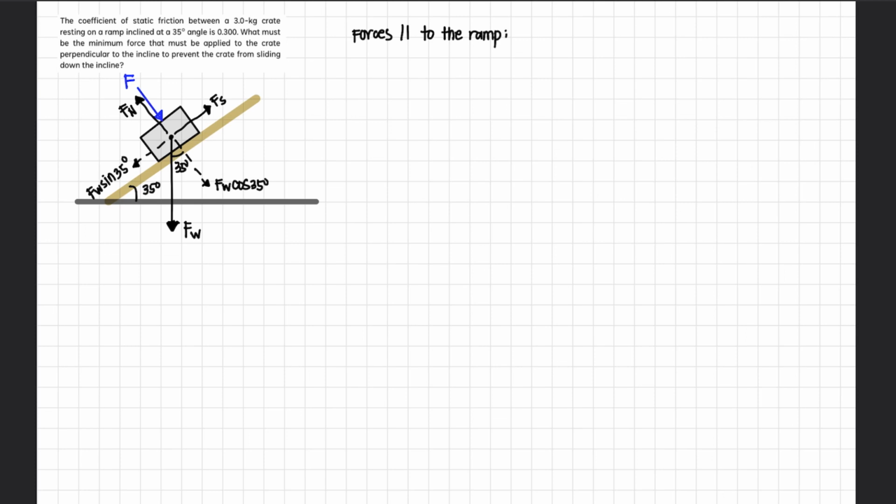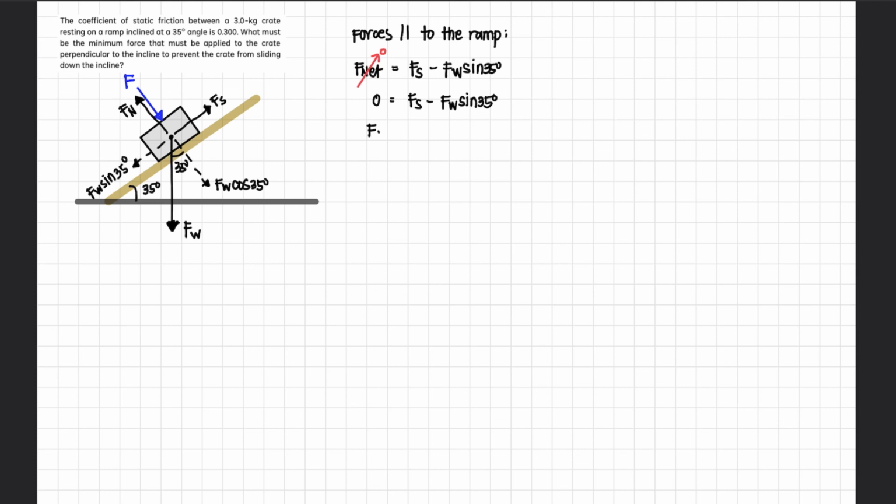For the forces parallel to the ramp, it's not moving. Net force is 0. So net force is equal to the upward force Fs, minus the component of the weight parallel to the ramp, which is Fw sine of 35 degrees. Again, this is equal to 0. So 0 equals Fs minus Fw sine of 35 degrees.